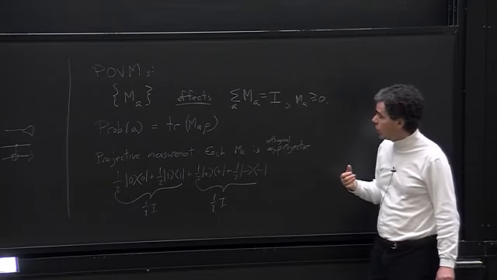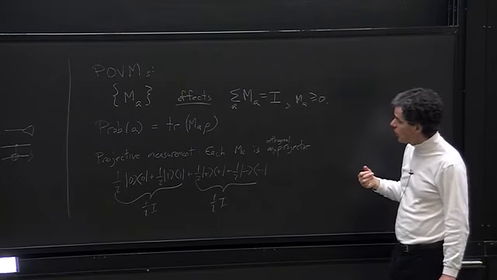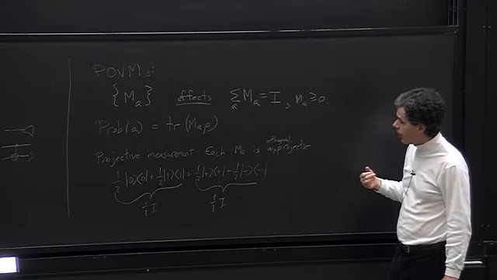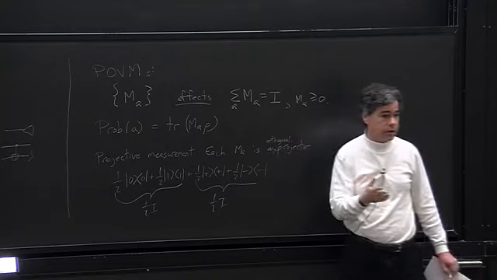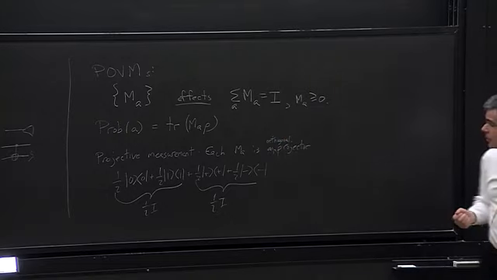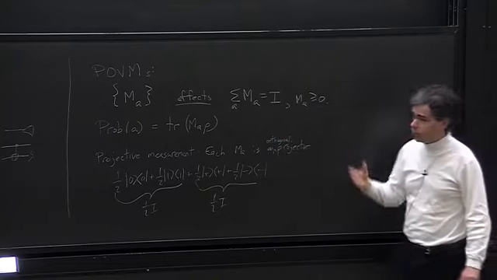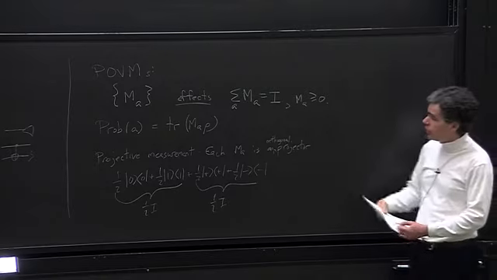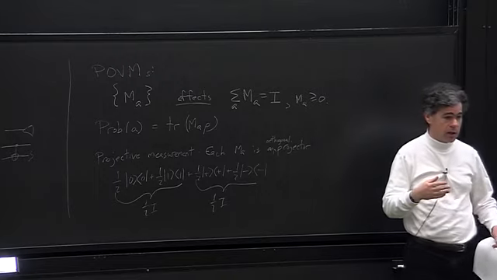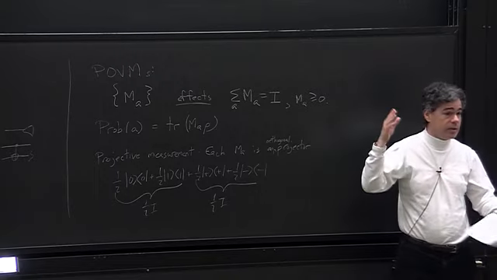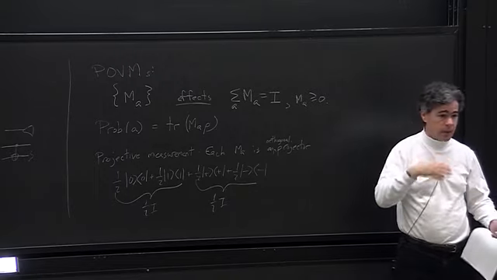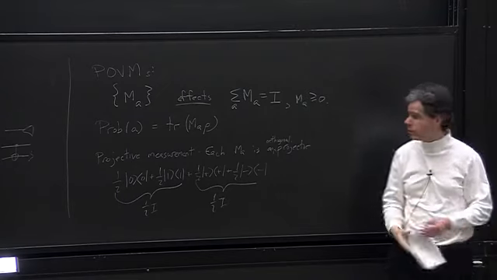OK? So really, there's a wide variety of things you can do with POVMs. But once again, there's a purification theorem, which says that the POVM can be represented by extending the Hilbert space and then making some projective measurement.